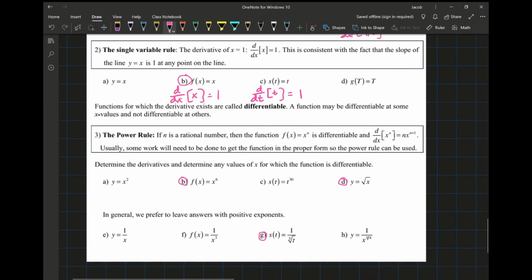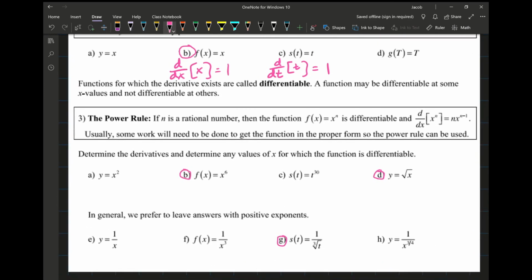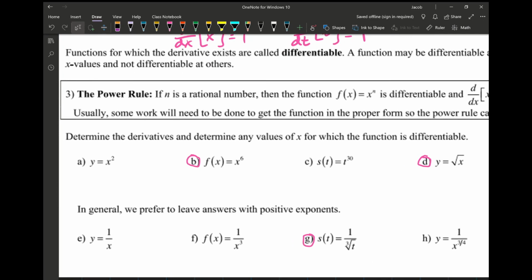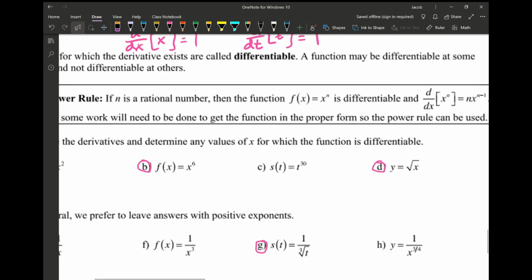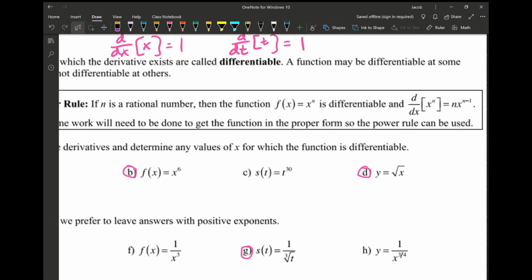The power rule is the most memorable of all the rules because it has this nice little pattern that we discussed in our notes. For b, if we are finding the derivative of b, we need to have what we're taking the derivative of in this nice format, x to the n.